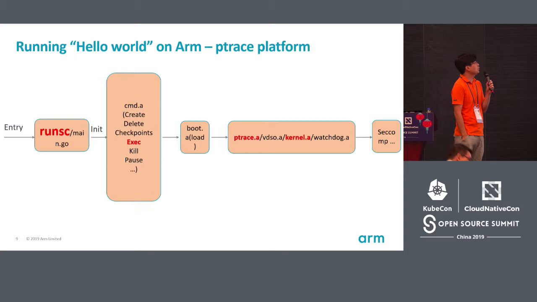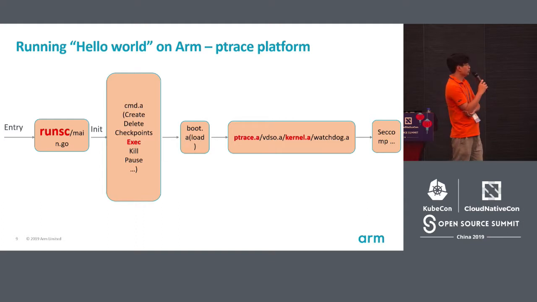And for the ptrace platform, how to run a hello world on ARM. We can see that for gVisor, in terms of compilation, we will use select to differentiate the two different platforms, while the repos and the process are very similar.